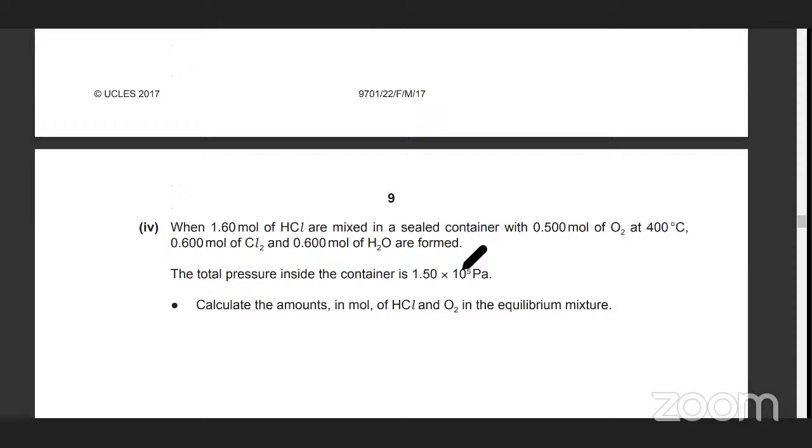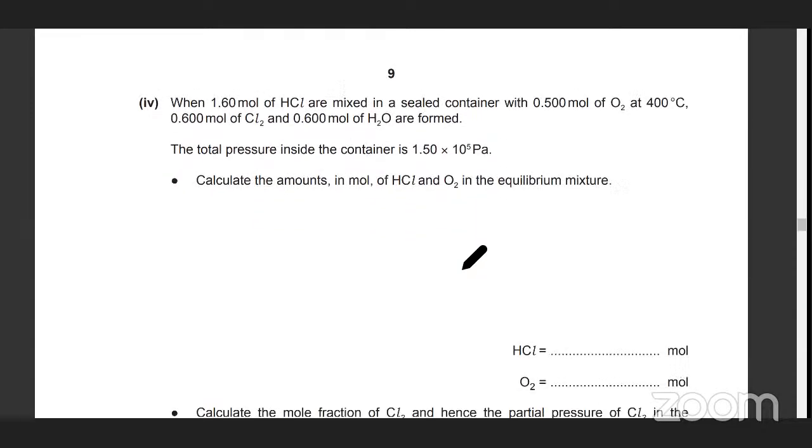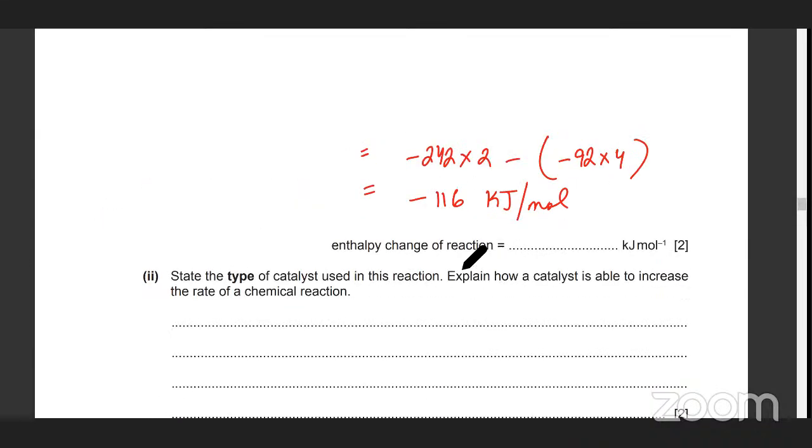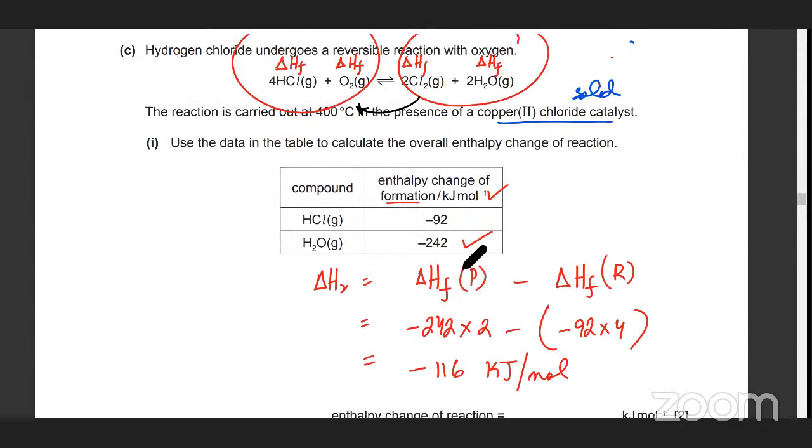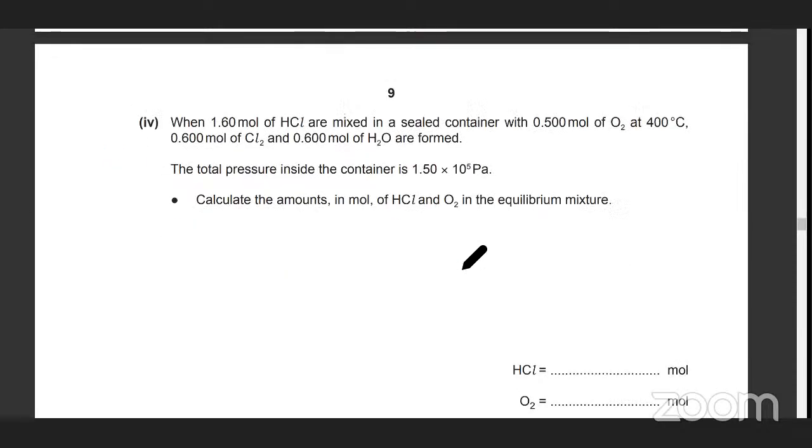So next one. Now the question is about... I need to copy just one second. What's the equation? It's 4 HCl plus O2, and it's in equilibrium with, I think, Cl2 and H2O. So probably two of these and two of these.